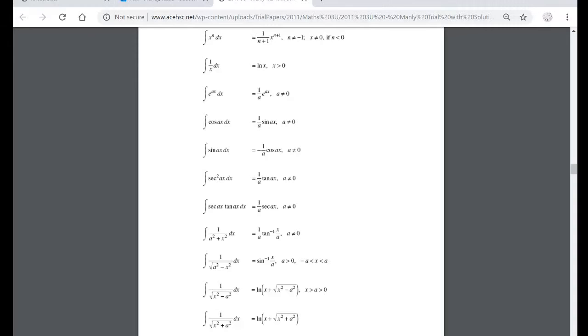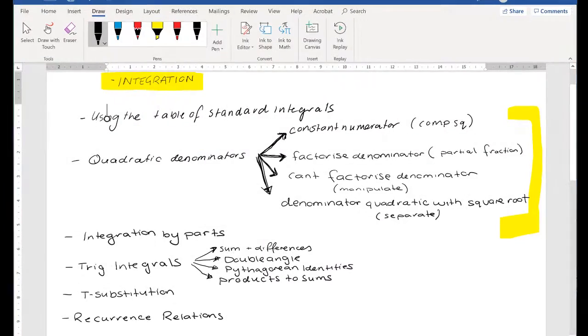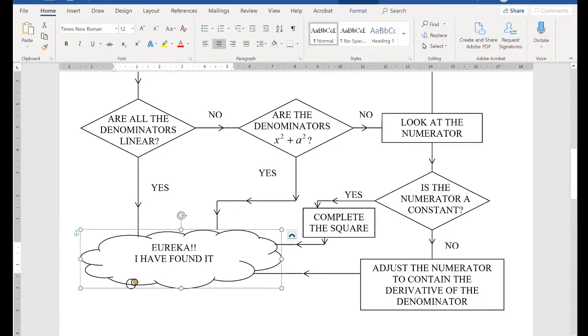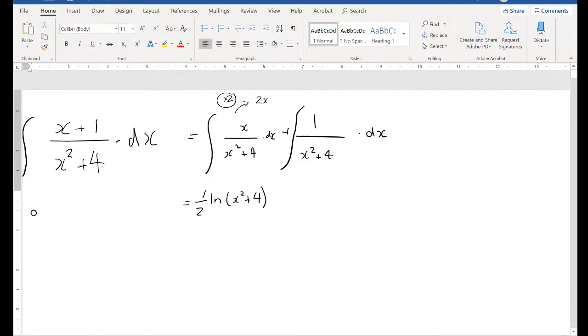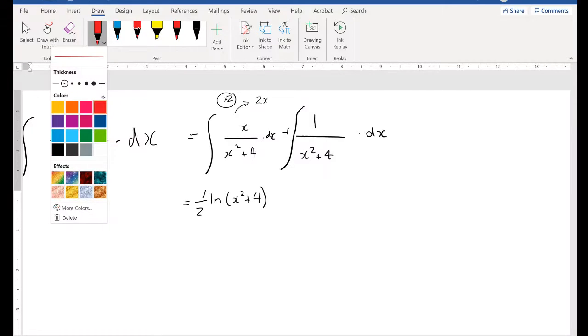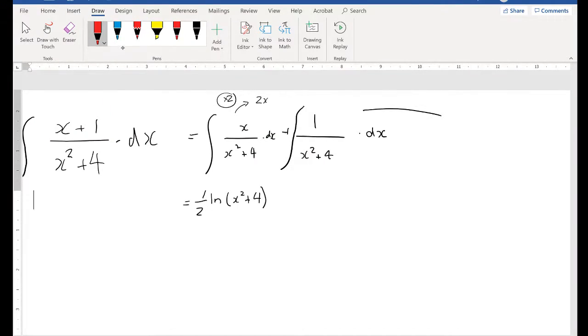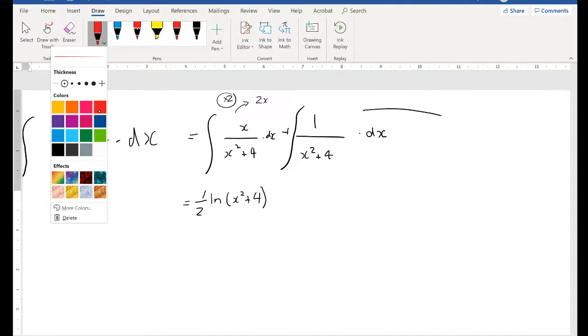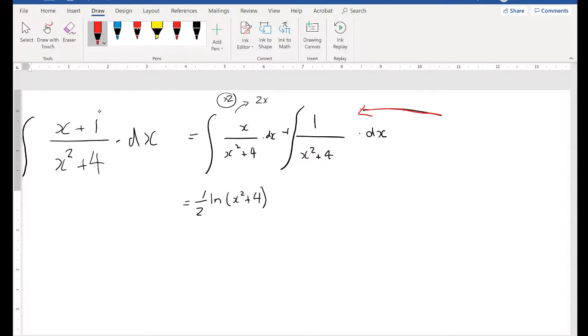1 over a squared plus x squared is equal to this term here, and we do have it in that form. This is really the same thing as in the form of one over x squared plus 2 squared.